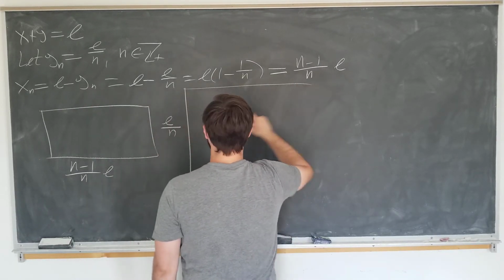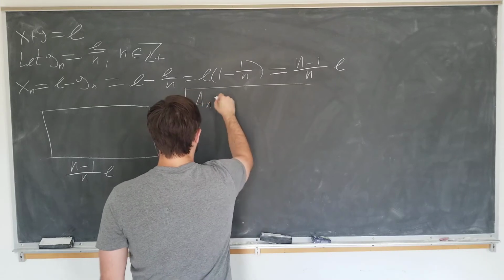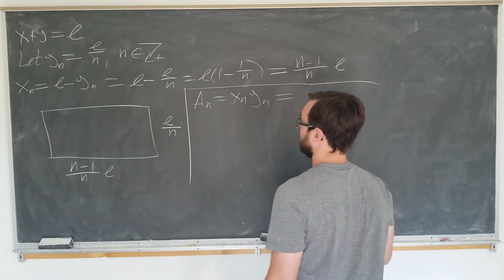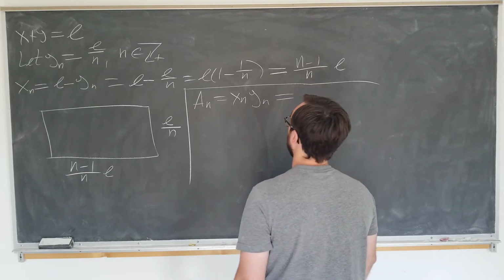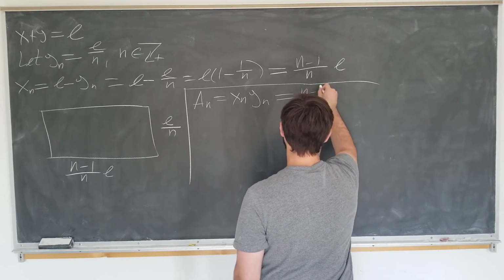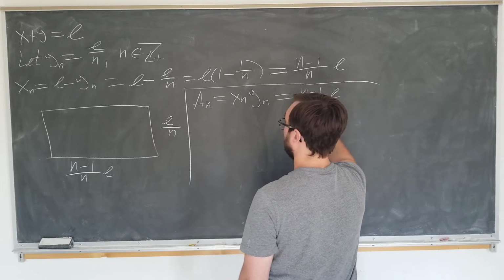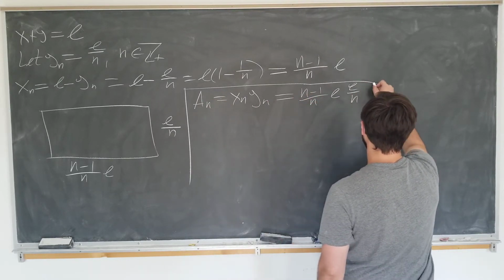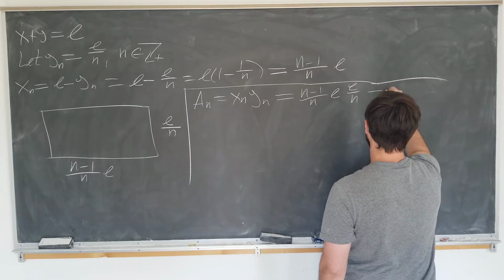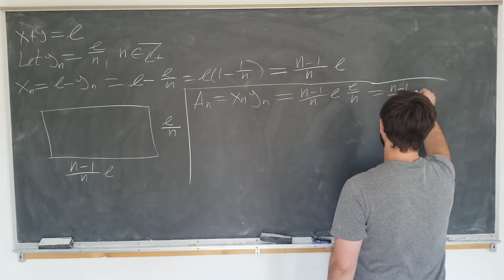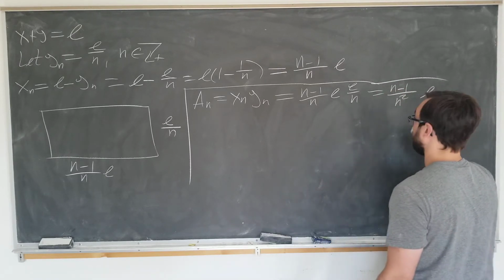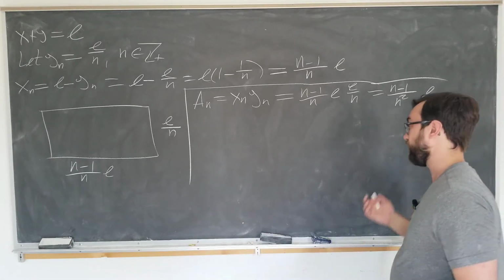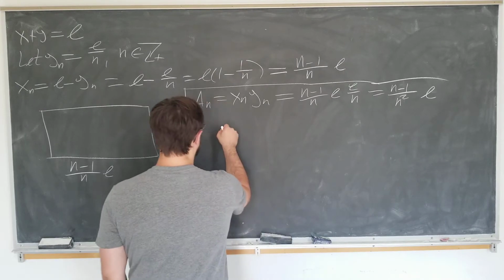We can immediately see that the area of the rectangle, x_n times y_n, is now equal to, well, we've got x_n over here, (n minus 1) over n times L, and we have y_n up there, L over n, so the whole thing is now equal to (n minus 1) over n squared times L squared. And we can easily take the limit as n goes to infinity of this expression from elementary calculus.